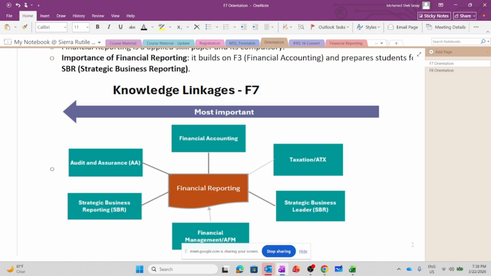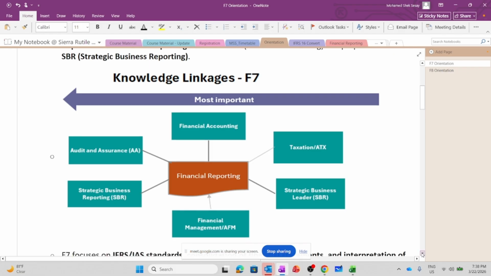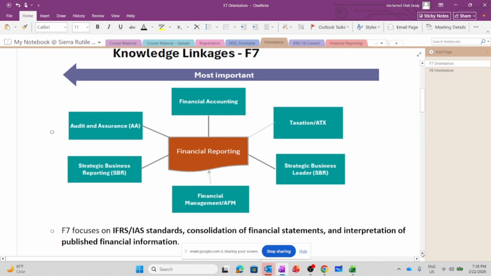Then we are talking about strategic business leadership, which is a professional paper as well. Understanding of financial reporting will help you give insight about the strategic focus of the business. Because the whole concept of strategic business leadership is that you need to know the pros and cons of the business. If the business wants to undertake a strategic decision, for instance, to expand its operation, then you need to do your SWOT, your strengths and weaknesses, and your cost and benefit analysis.